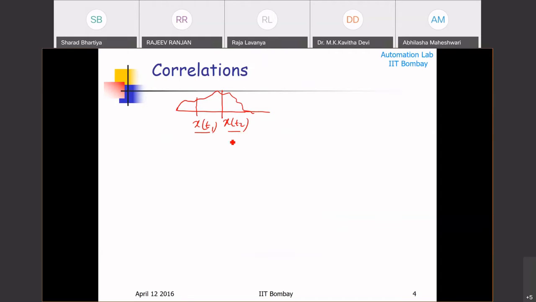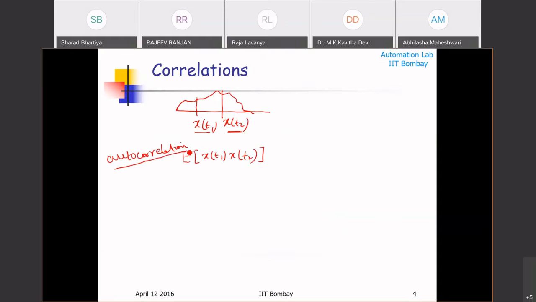And so you can ask yourself how does t1 change with t2? That is known as an autocorrelation. So when I say expected value of x of t1 into x of t2, that is known as an autocorrelation and is a very important part of describing a random process.